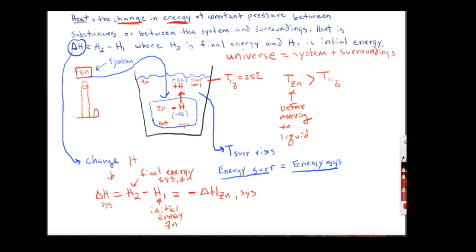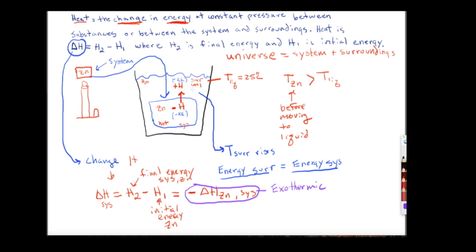Now, to tie all of this back to what we've been doing, what we want to do now is define what's happened relative to the zinc and relative to the liquid from the point of view of exo and endo. So notice here that the change in energy for the zinc is negative. So for the zinc, this process was exothermic.